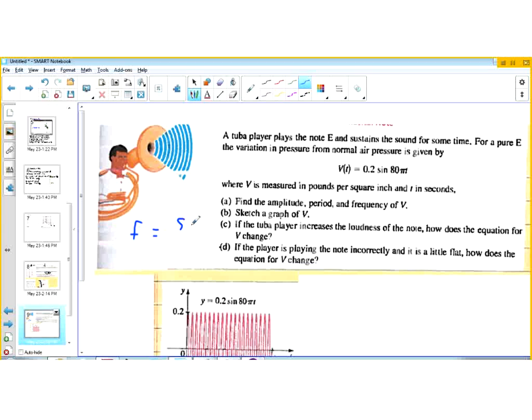Frequency F is 80 pi over 2 pi. So decreasing the frequency, you have to decrease the numerator to achieve the result. So the equation would be altered by making this 80 a smaller number, say 70 or 60, and that would cause it to go flat. All right.